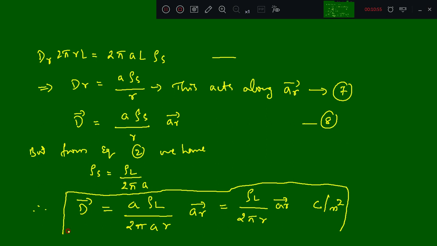Similarly, we can get the E value. E is equal to rho L upon 2 pi epsilon r in the a r direction. This is in volts per meter.